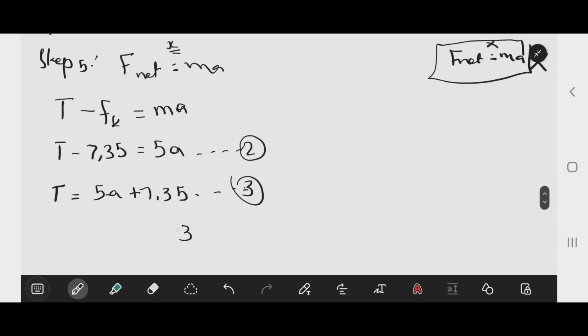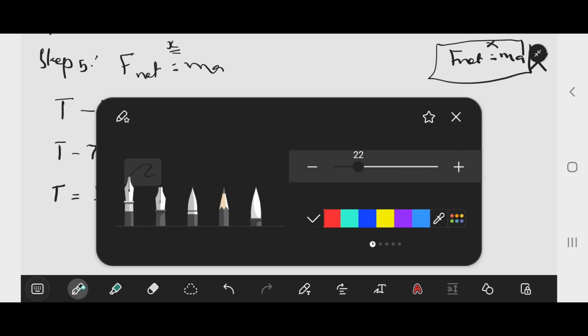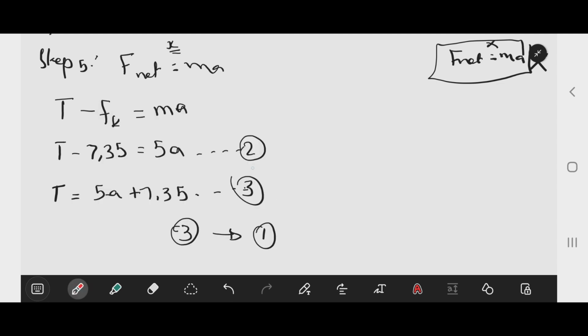And then you substitute equation number 3 in equation number 1. Why do we substitute equation number 3 in equation number 1? Because we have formulated equation number 3 using equation number 2, right? So now we have to substitute this equation into equation number 1.